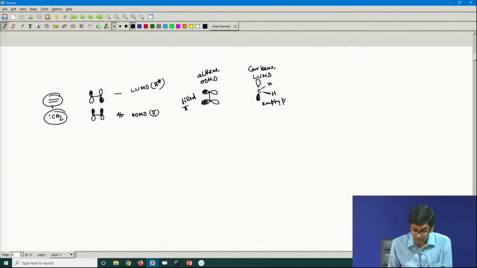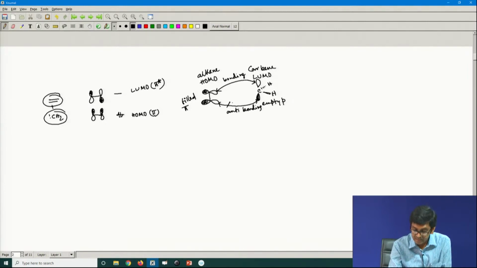Now, if we want to interact them, you see that this one is giving the bonding interaction, no problem at all. But when you check this one, this is giving the anti bonding, which is not favorable.